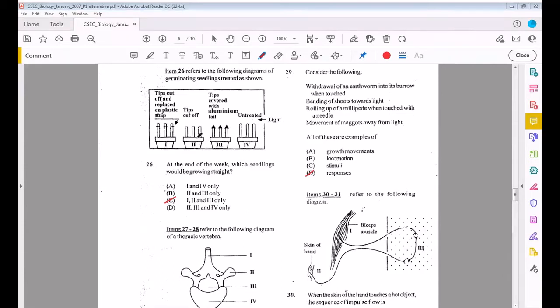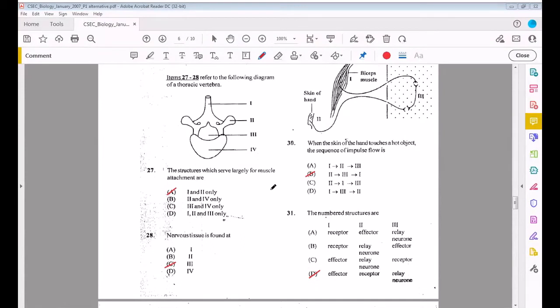Two, the tips are cut off. And one, the tips are cut off, then put back, but between them they have a strip of plastic. So the answer would be C. 1, 2, and 3 would be growing straight, as they aren't going to have any sensitivity towards light. It's only the untreated one that at the end of the week would be growing towards the direction of the light.